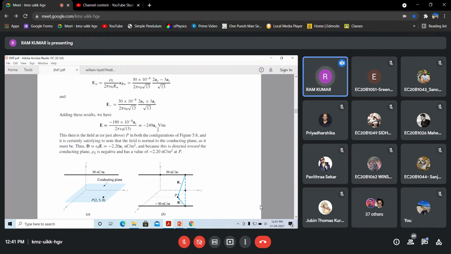So we know the relation between D vector and E vector. D vector equals simply epsilon naught E vector, which is equal to minus 2.20 AZ vector nanocoulomb per meter square. Now what they are asking is to find the charge density.